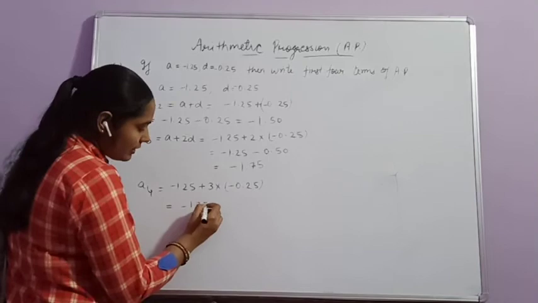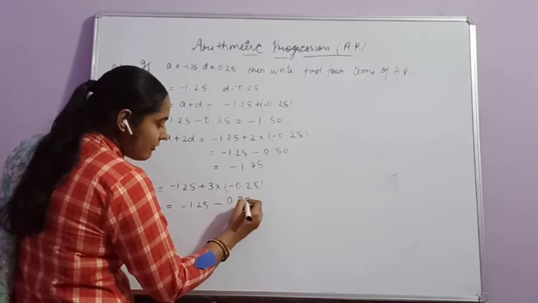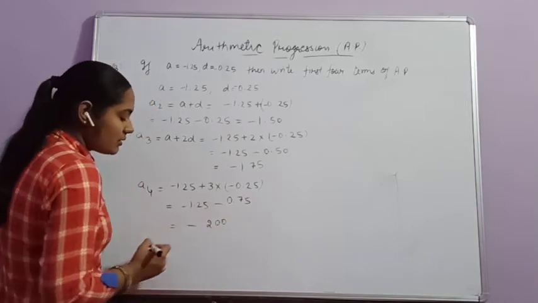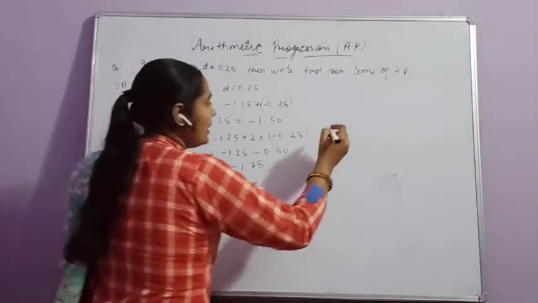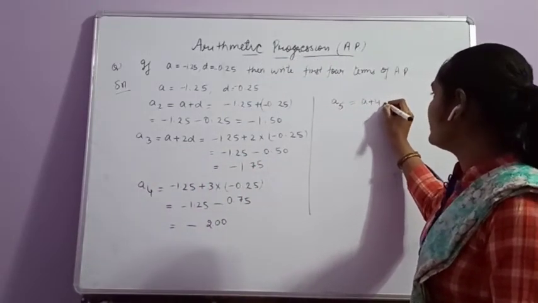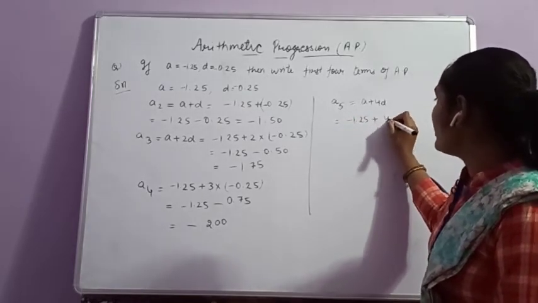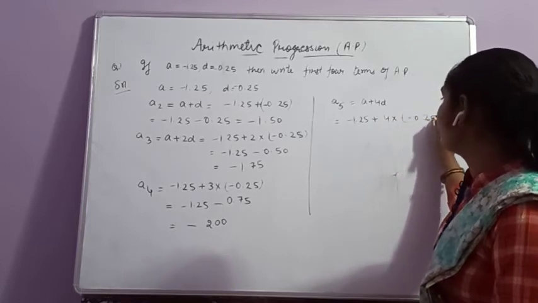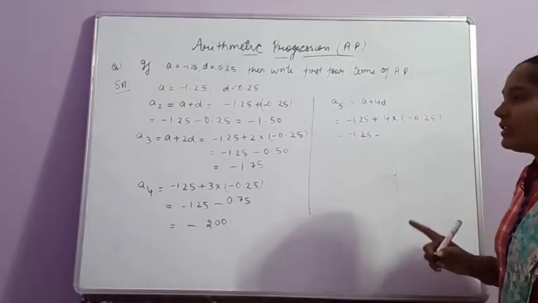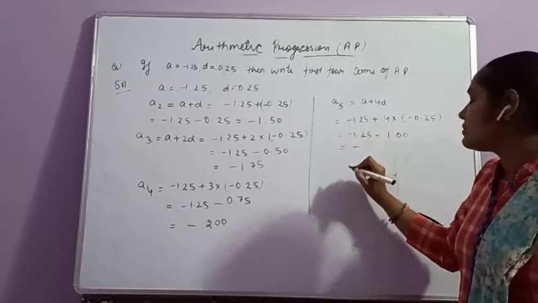Minus 1.25 plus minus 3 multiplied with 0.25, that is 0.75. Minus plus with negative sign, that is 2. The next, fifth term will be A5, that is equal to A plus 4D. Here A is equal to minus 1.25 plus 4 into D, which is minus 0.25. Minus 1.25 plus minus 4 multiplied with 0.25, that is 1.00. Minus plus with negative sign, 2.25.